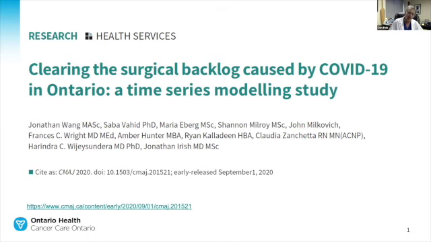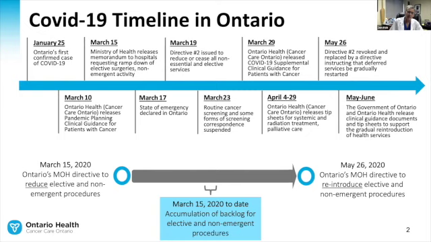If you go on to the next slide, this slide really describes the COVID-19 timeline in the province of Ontario and outlines some of the critical waypoints of COVID-19. But really for us today, it is about the time when the Chief Medical Officer of Health directed to reduce or discontinue elective and non-emergent procedures in order to create capacity for patients with COVID-19, which resulted in a precipitous decrease in all surgical procedures in the province.